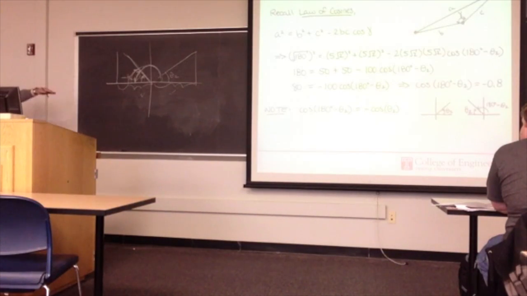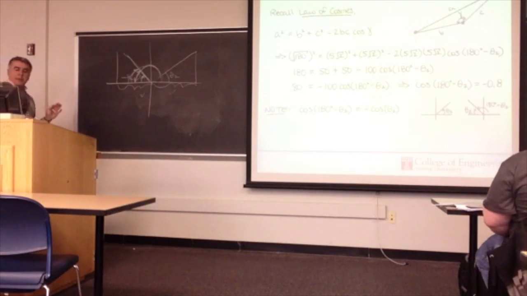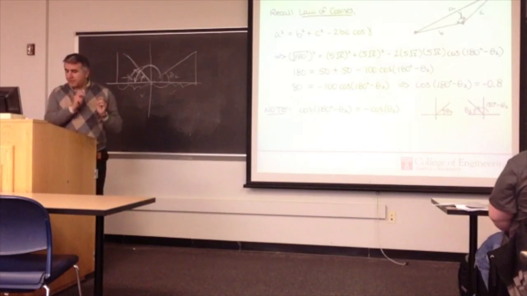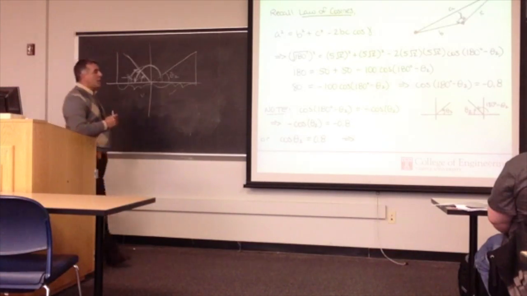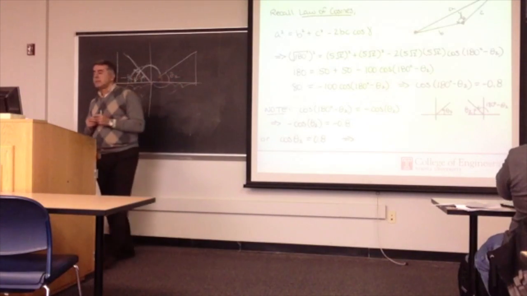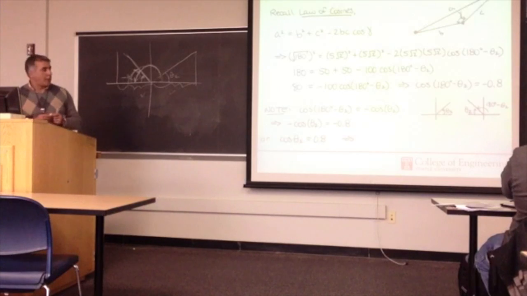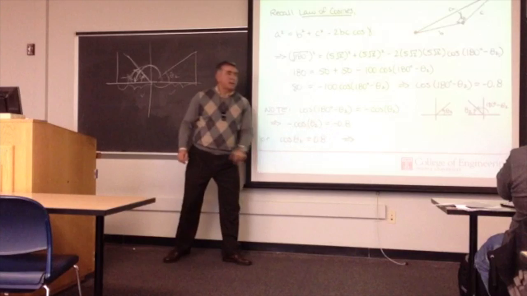One is in the positive direction, the other one is in the negative direction. Okay? So, in this case, minus cos of theta 2 is minus 0.8, or cos of theta 2 is equal to 0.8. All right? The signs disappear from both sides.